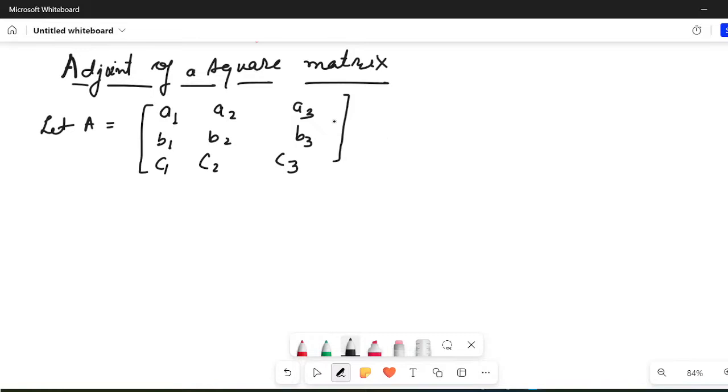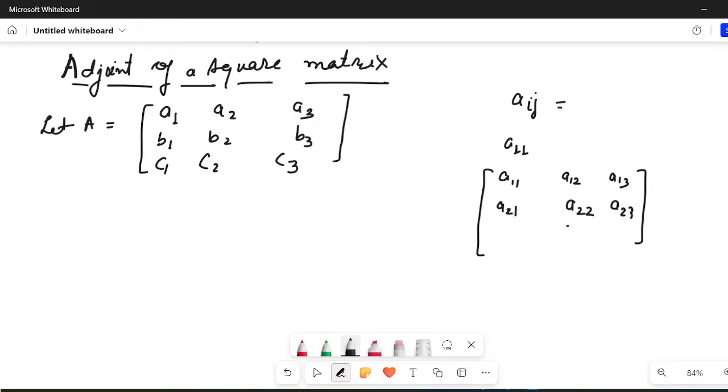Before the adjoint, let us first find a matrix which is formed by the cofactors. Yesterday I taught you about cofactors, if you remember. If I have to find the minor along a11, let us say this is your matrix: a11, a12, a13, a21, a22, a23, a31, a32, and a33. The minor through a11 would be the determinant of this submatrix.